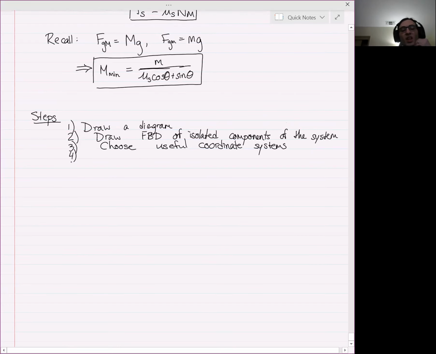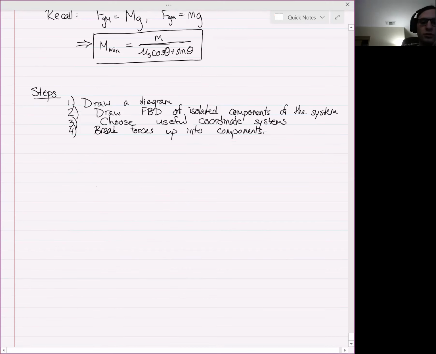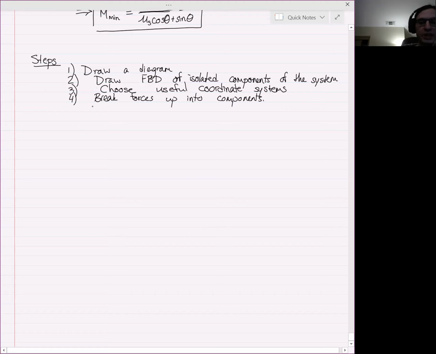And you're going to want to break forces up into components. That's what I did above. That's what I was doing when I found Fnet in the X and Y direction. Then you're going to find Fnet, maybe in the X and the Y direction, and apply Newton's second law.